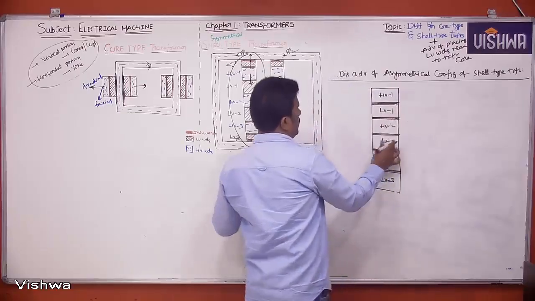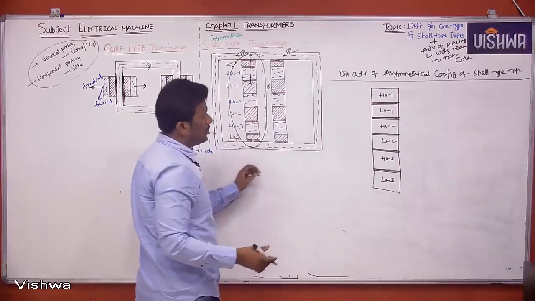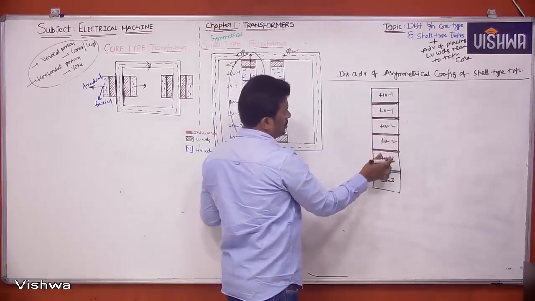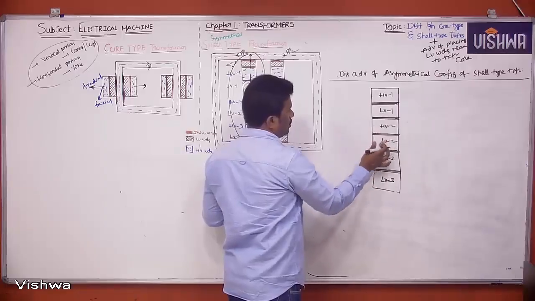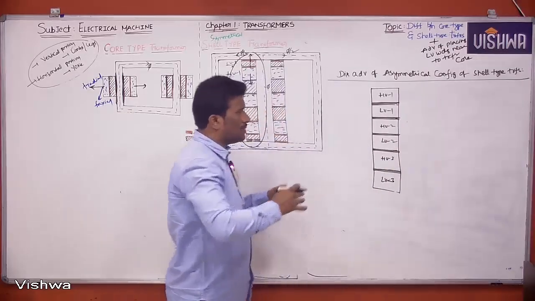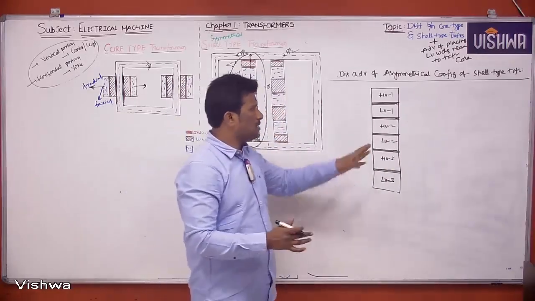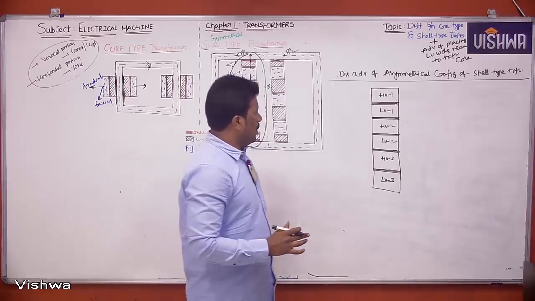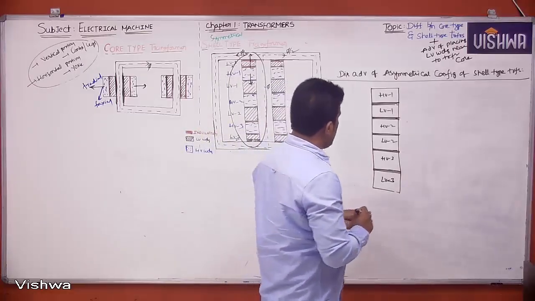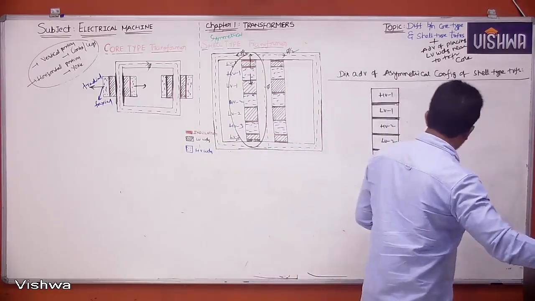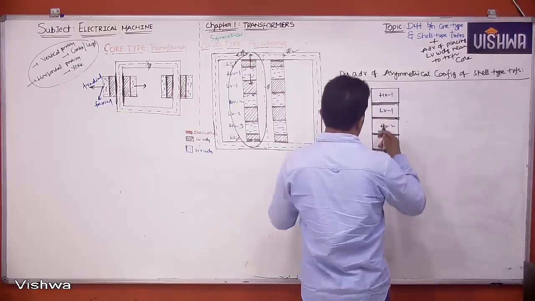How many HVs? 1, 2, 3. How many LVs? 1, 2, 3. It's not compulsory that only 3, 3 like that; in my example, I take like this. Now observe clearly, guys.